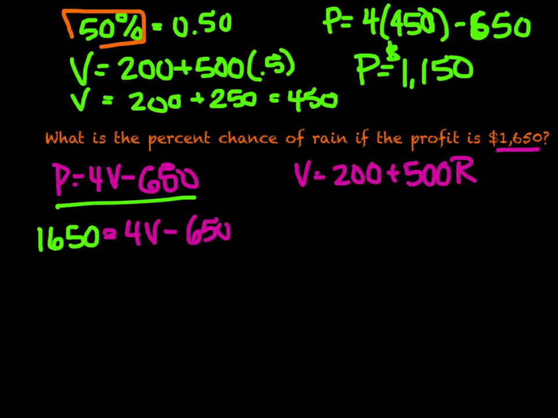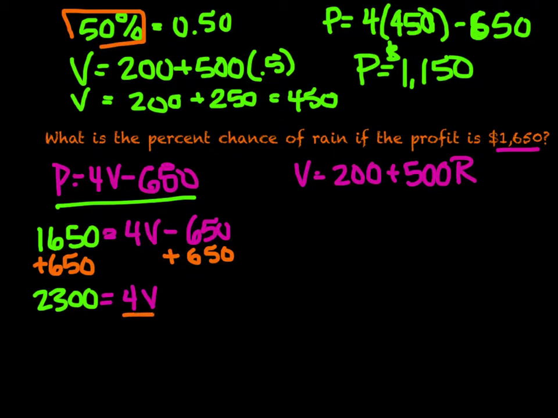I'm going to add 650 to both sides, and I get 1,650 plus 650, which is 2,300. So 2,300 is equal to 4 times the number of visitors. We're going to divide by 4 on both sides, and we end up getting 575 visitors.